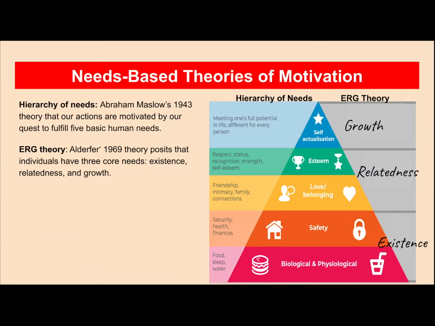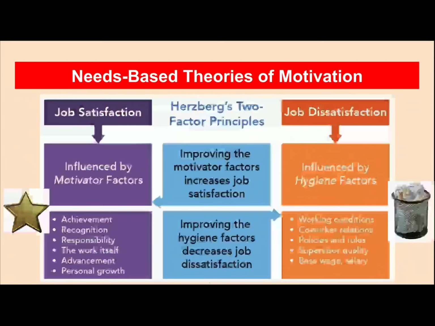And then self-actualization is considered growth. So it's not so much an end point as it is where you want to be. And these things don't necessarily happen in order. They happen as a constellation of all three. They don't need to happen in order the way that the hierarchy does.